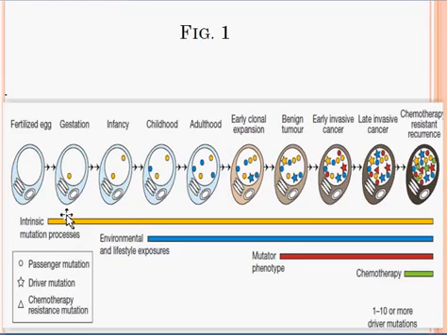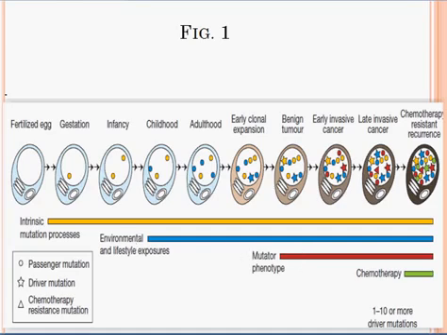And yellow are intrinsic mutations, blue are external mutations. Then we have the mutator phenotype, a tumor with a lot of mutations which drive it, and the more mutations it has, the faster it grows.